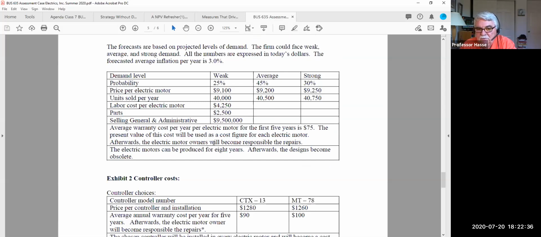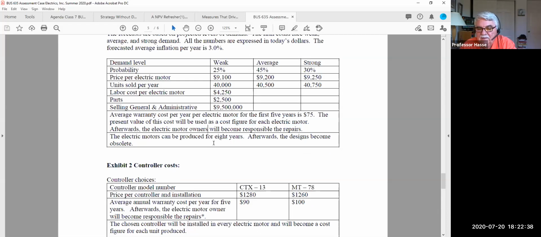But let's get back to the details of this case. You do have to determine the net present value, the internal rate of return, the profitability index, and the payback in years of this product, CTX13, versus this product, MT78.